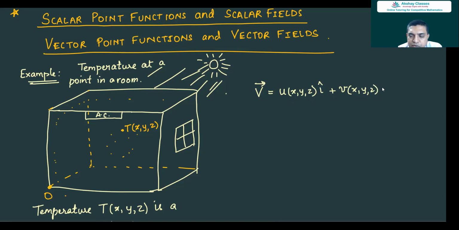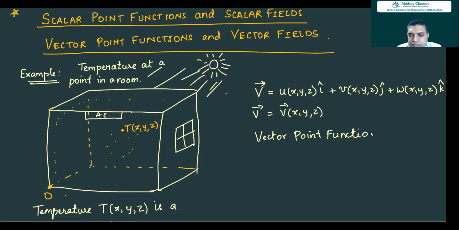So velocity of a flowing fluid in space, and w. So this is a vector which is a function. We can say V is a function of x, y, z, but the components of this vector in x, y, z are these. So this is a vector point function. And this is called a vector field.